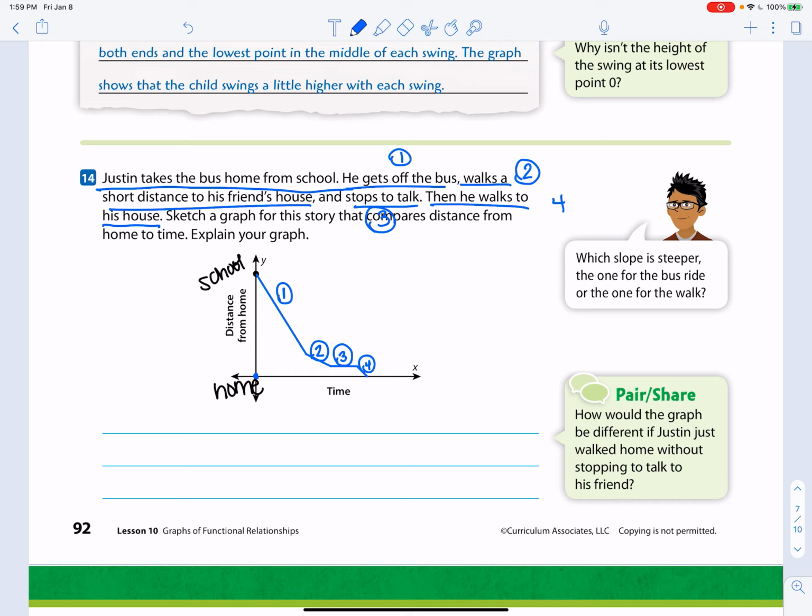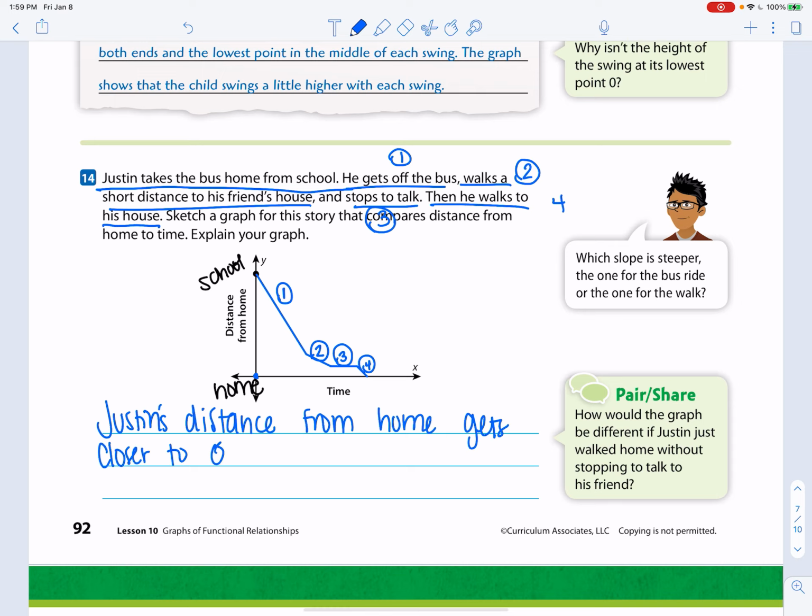So the first thing, Justin's distance from home gets closer to 0 over time. And as you can see, that happens, right?